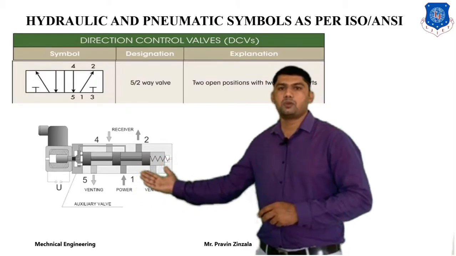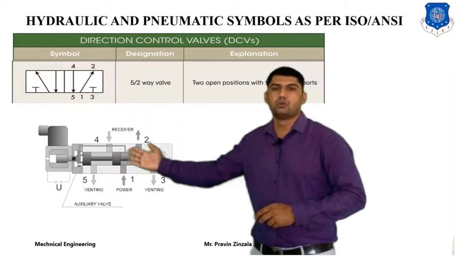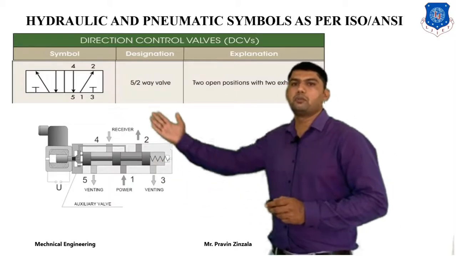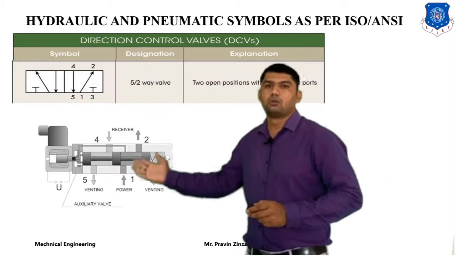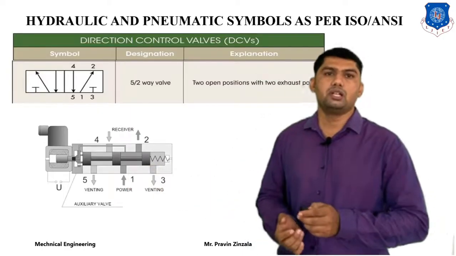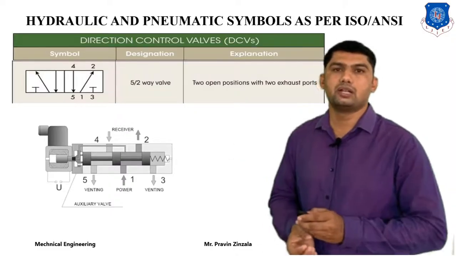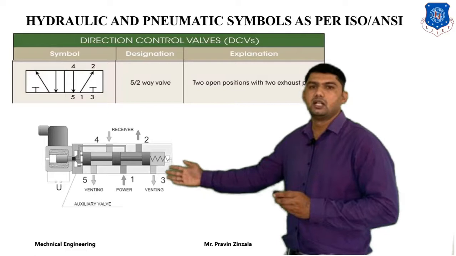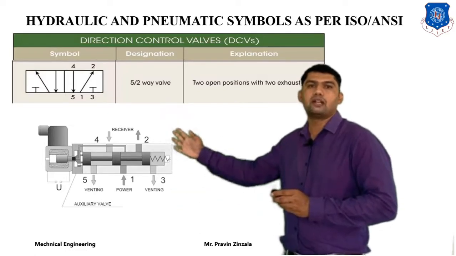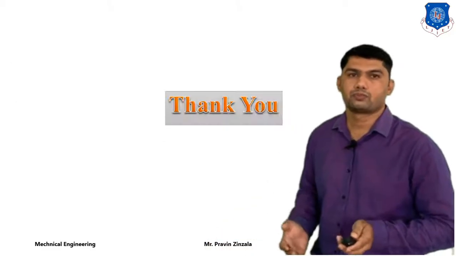In the first position, fluid passes from 1 to 2 and at the same time 4 to 5. In the second position, 1 is connected to 3, so fluid is returned through port 4 to 5. The 5x2 direction control valve is normally used in pneumatic systems, but we can also use it for hydraulic systems. The only difference is that 2 vents are available for separate discharge of fluid. Thank you.